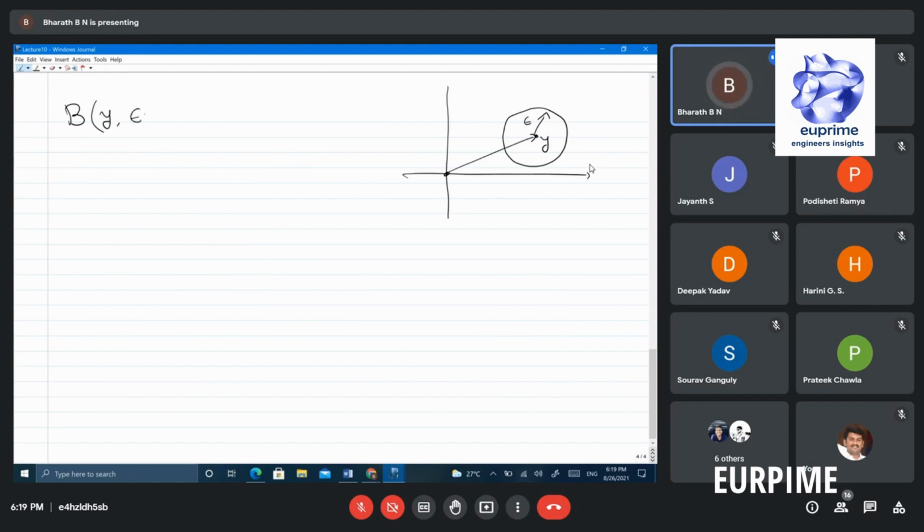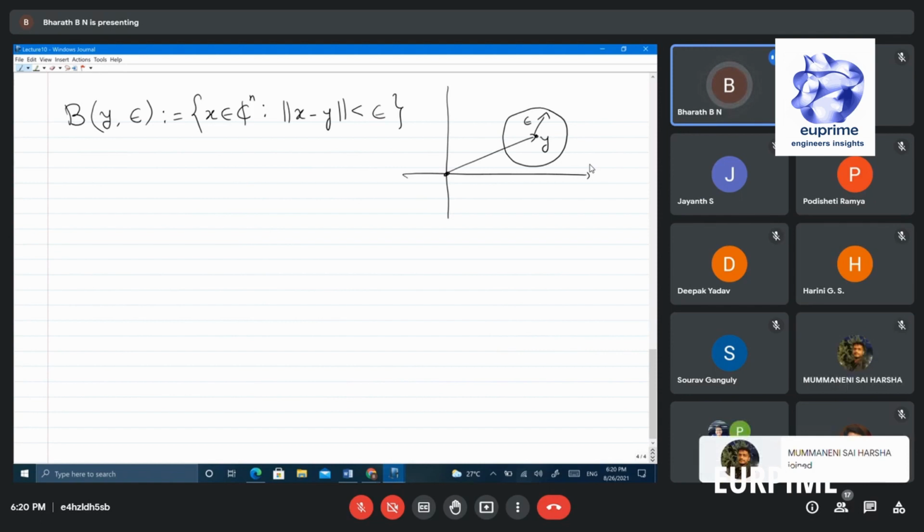It is all those x in Cn such that the norm of x minus y is less than epsilon. This is an open ball. How do you define a closed ball? You make it less than or equal to, so you get a closed ball.